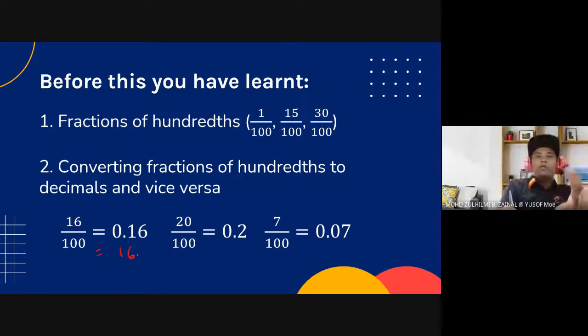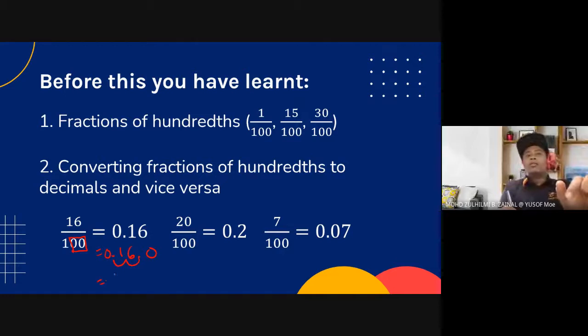Remember, 16 ni actually 16.0. You convert this into 16.0 dulu. Lepas tu, you have to move the decimal point according to the number of zeros. So ada 2 zeros here. Number of zeros kat bawah tu 100. Kalau 1000, 3 zeros. Kalau sini 100, 2 zeros. So you move 2 times. 1, 2. So the decimal point should be here and then you put 0 in front.